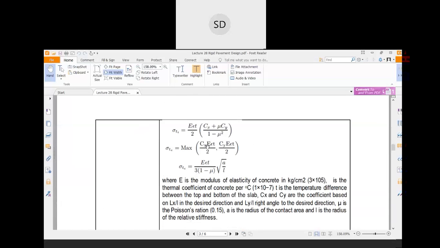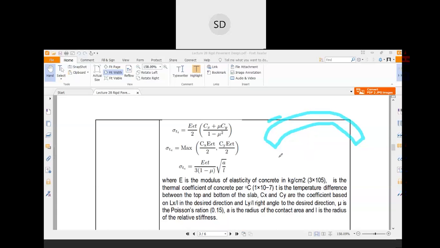So basically what happens during the daytime is that the top portion of the slab gets heated, but the bottom portion has a lower temperature. Because of this, the top fiber of the slab extends but the bottom portion remains the same. Therefore, the slab would warp up like that. Here, tension would be on the top portion and compression at the bottom portion, and because of this warping stress is generated.